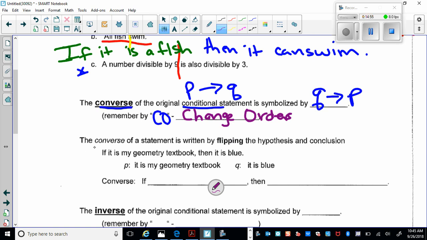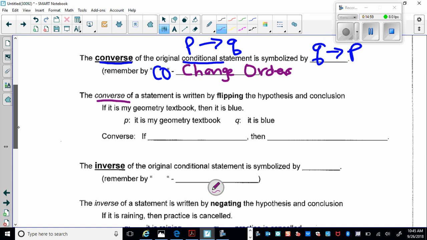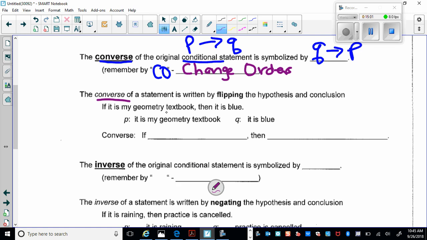So in this case, we wanted to write the converse of the statement. It says here, if it is my geometry textbook, then it is blue. What is the P part of the statement? It is my geometry textbook. What is the conclusion of the statement? It is blue. Now I have to switch Q first, right?